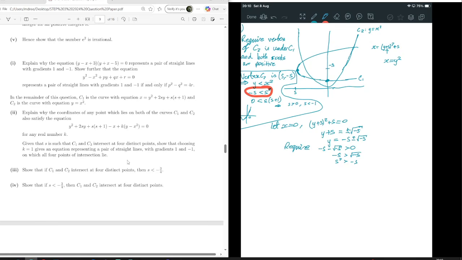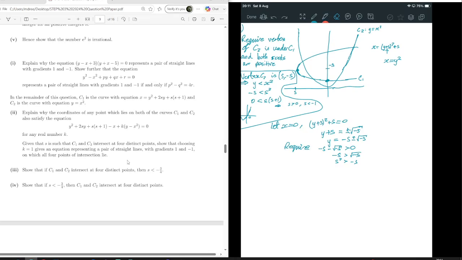So actually, if the vertex is under there, because the vertex is heavily linked to where this shape can be. Basically, the vertex is on the line y equals negative x. So if the vertex is in the right place, then we've now shown automatically that we have the roots in the right place.